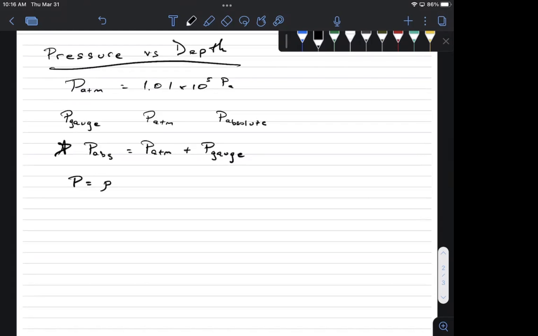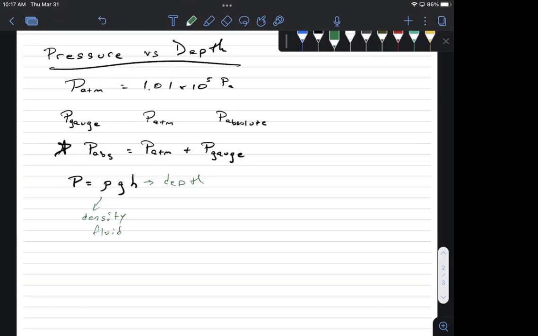So what kind of fluid are you in, times g, 9.8, times h, where h we're calling the depth. Obviously, it's height, but when we talk about this, we're talking about how far down you go rather than how far up. So rho is the density of the fluid, g, of course, is 9.8, and h is the depth. The further down you go, the more pressure you're going to feel by the fluid.